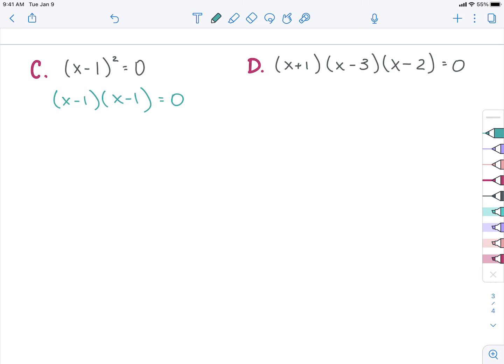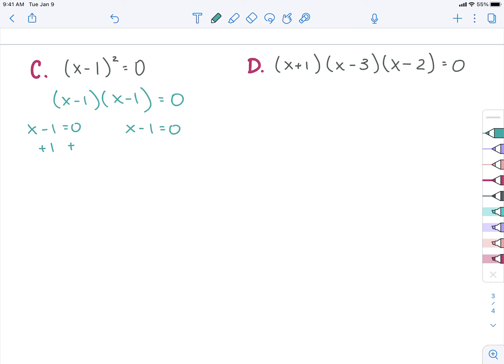So if I end up with parentheses that are the same or repeating like that, I'm not going to get 2 separate answers, because no matter what I do, I'm going to get x minus 1 equals 0 and x minus 1 equals 0. My equations are exactly the same there, so I'm going to get the exact same answer here. So there are special cases where you might have fewer answers than the number of factors that you have.